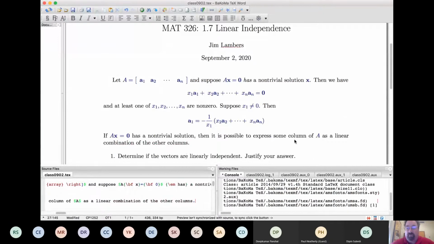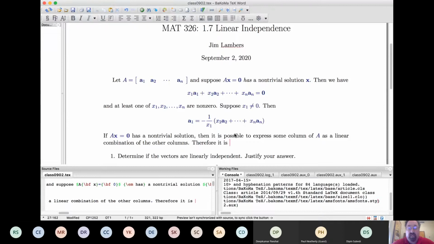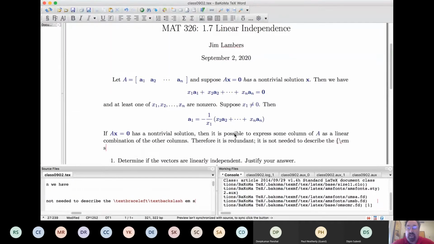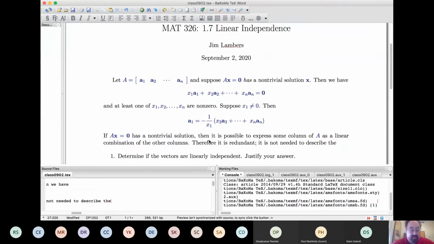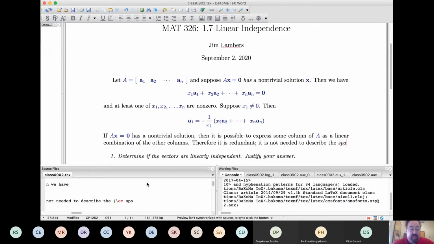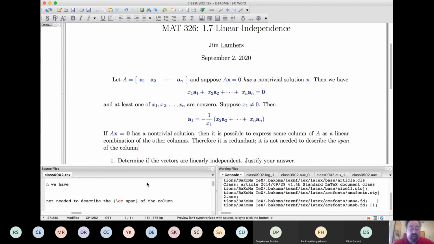That means this column that can be expressed, like A1 in this case, you can think of as being redundant, since it's already expressible as a linear combination of these columns. So it's not needed just to describe the span of the columns of A.